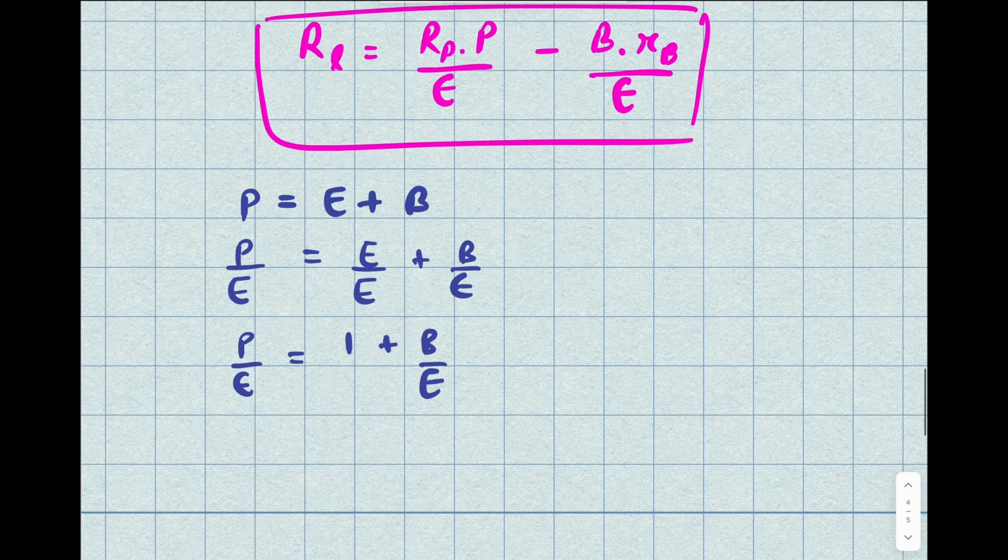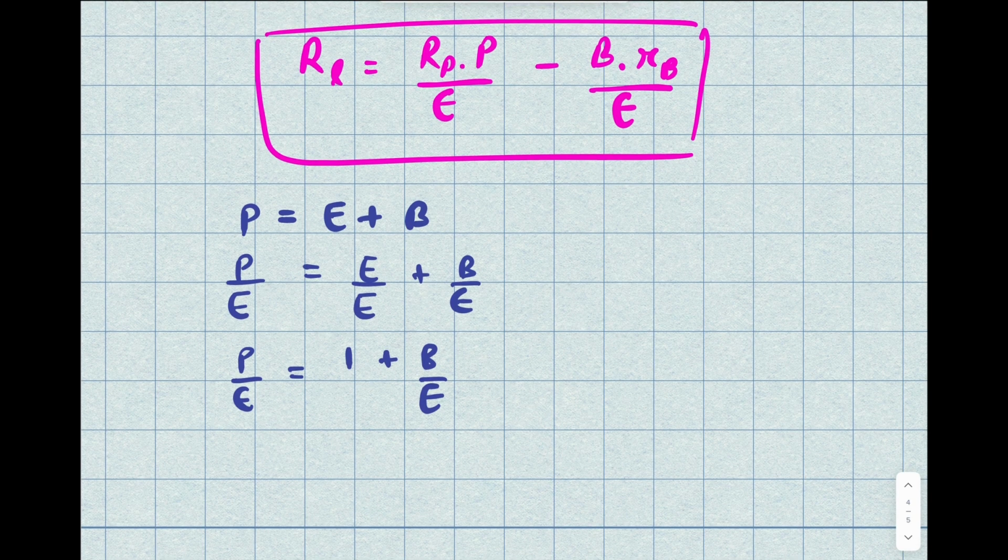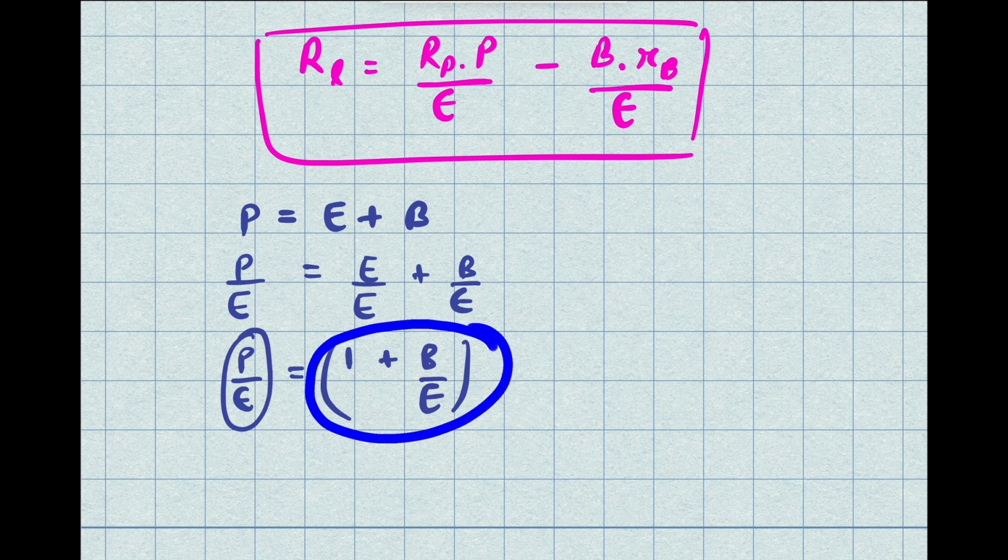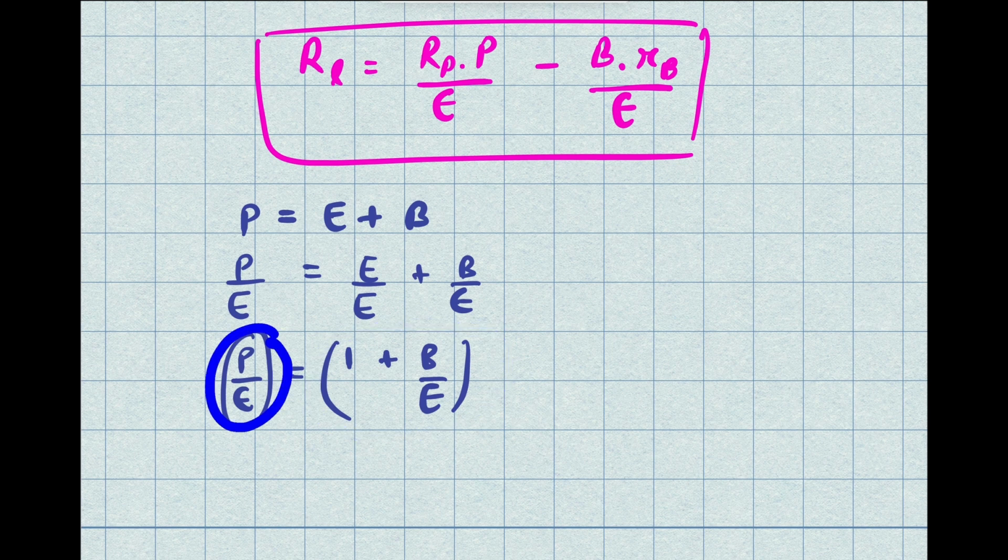So this P by E is equal to 1 plus B by E, right? So this P by E is also here. You can see, right? So instead of this P by E, I will write this.